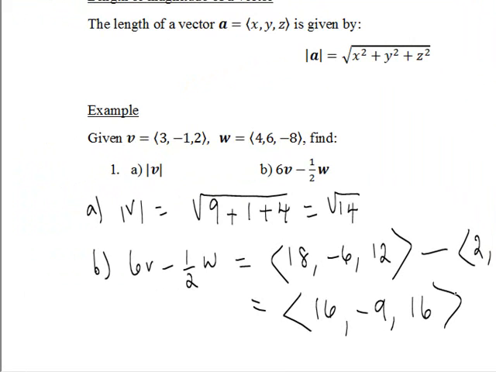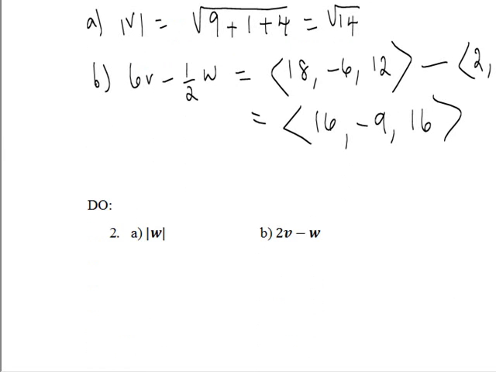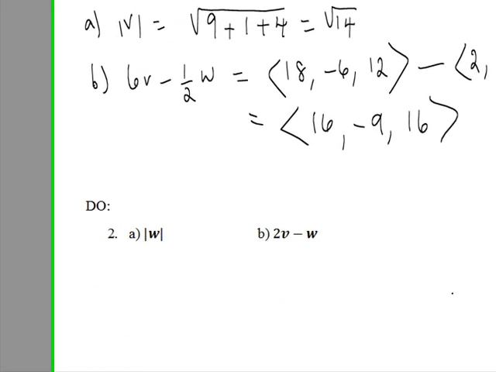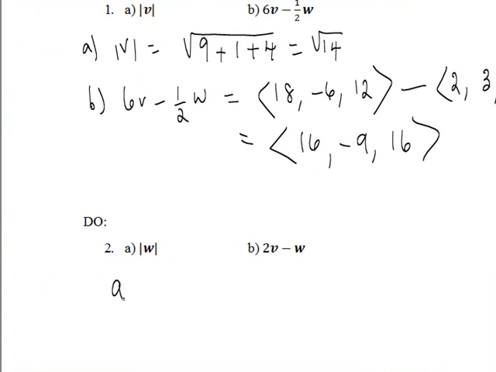Any questions? Okay, do these two on your own. The same two vectors, but find this. Can somebody give me your working for the length of the vector W, please?